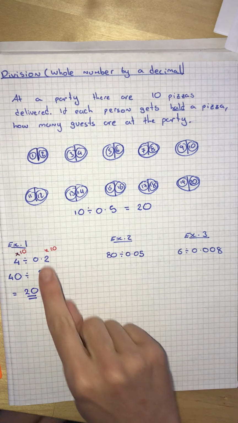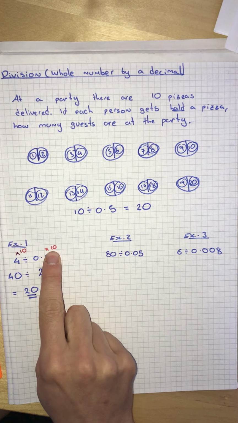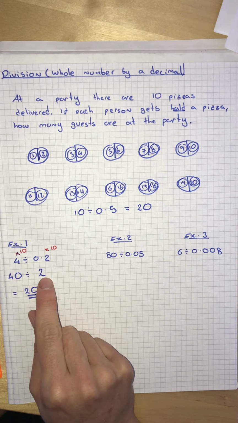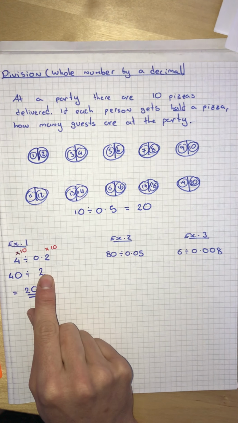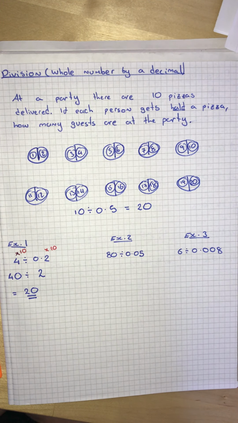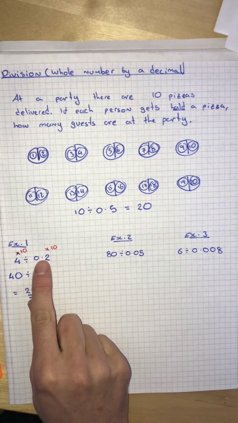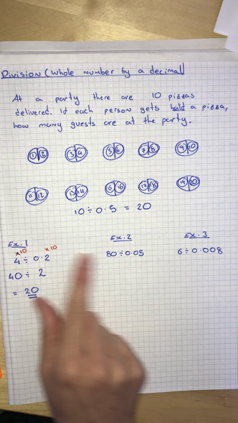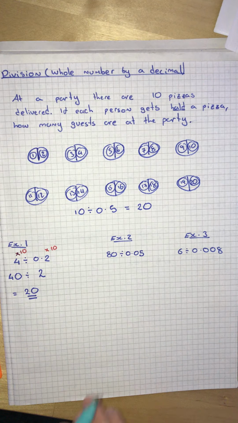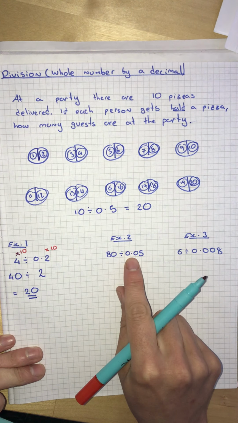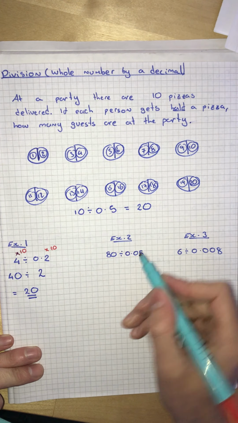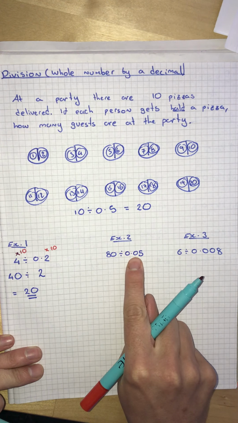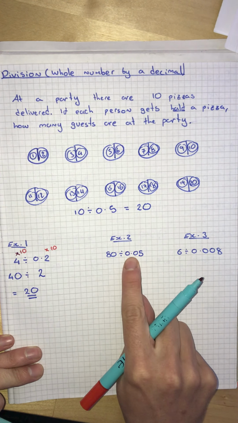Okay, so I multiplied them both by the number 10, because then that meant that we're going to have both whole numbers, which I can then divide a lot easier. Okay, so when it was 0.2 multiplied by 10. What are we going to do when it's 0.05? We think this is tenths and then hundredths after the decimal point.